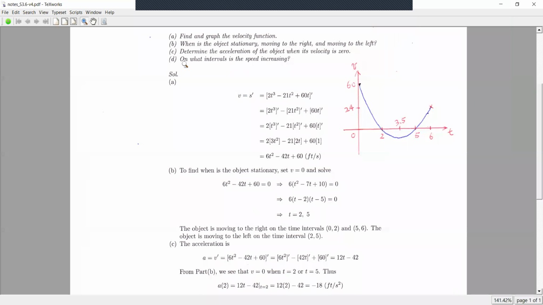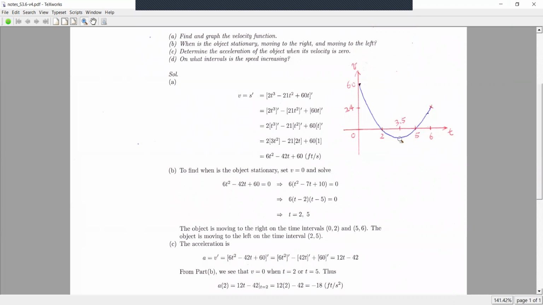Part D. On what intervals is the speed increasing? Recall that speed is the absolute value of velocity. From the graph of velocity, between 2 and 3.5, the graph is decreasing and is negative.